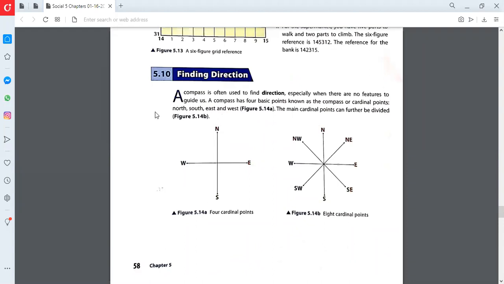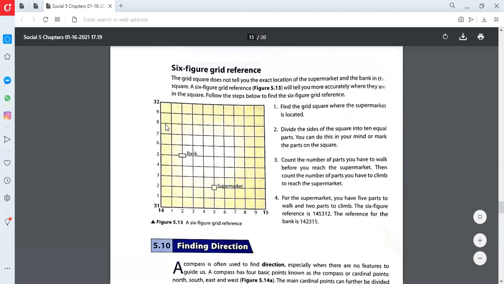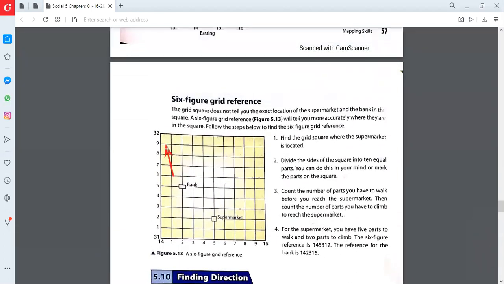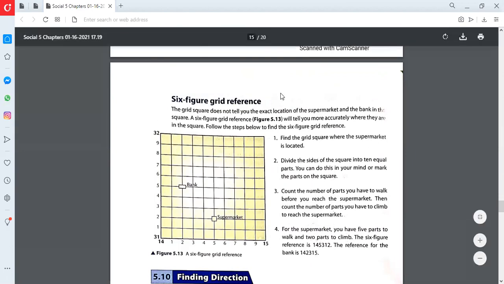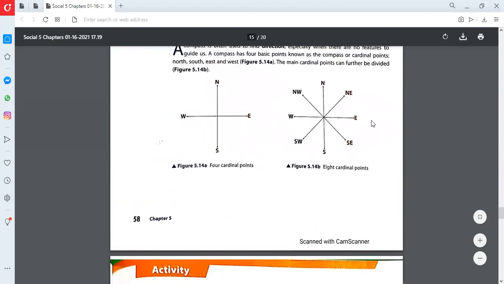If you see all the maps given in the book, the N is always facing this direction. In all the pictures of the previous pages, the N is always shown this way. Why? Because they are showing the direction of the north. So we see the four cardinal points and the eight cardinal points.